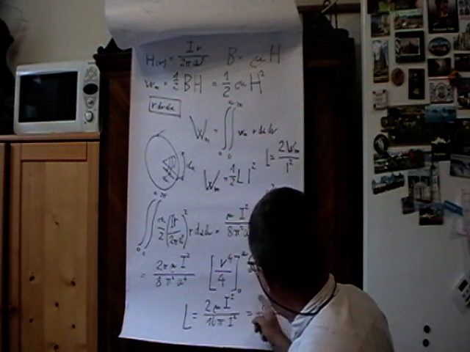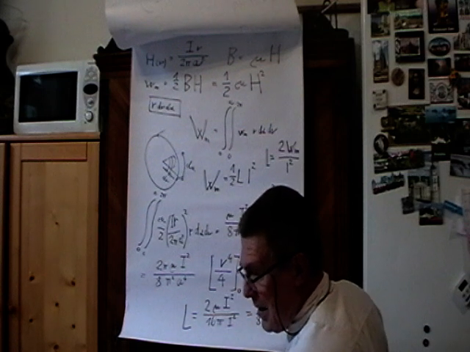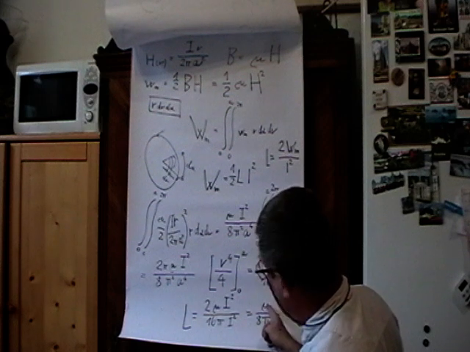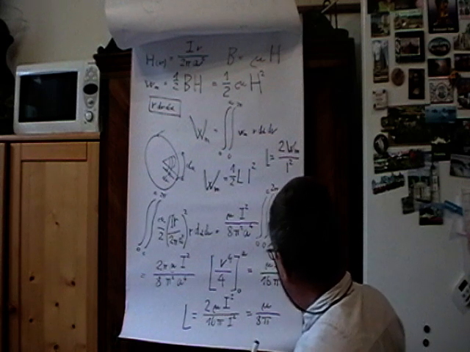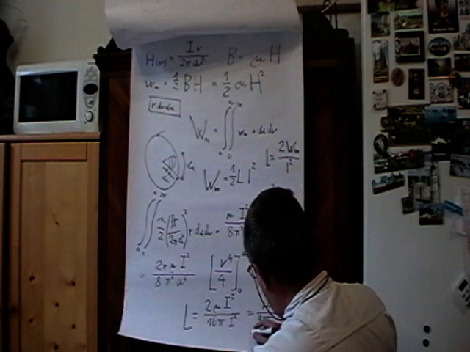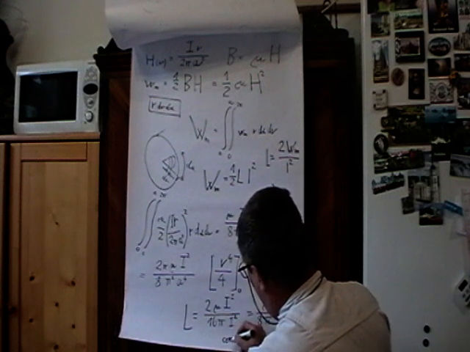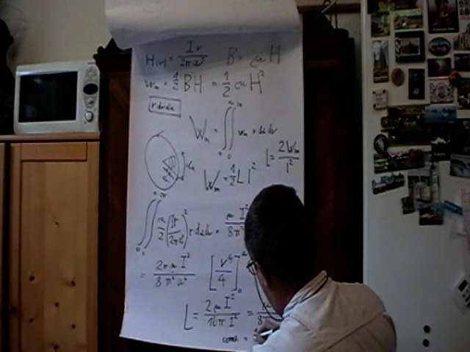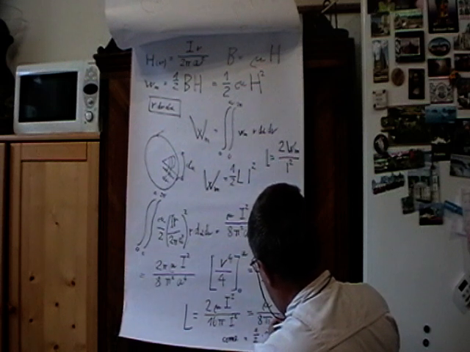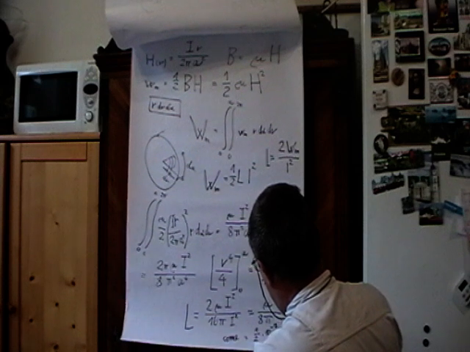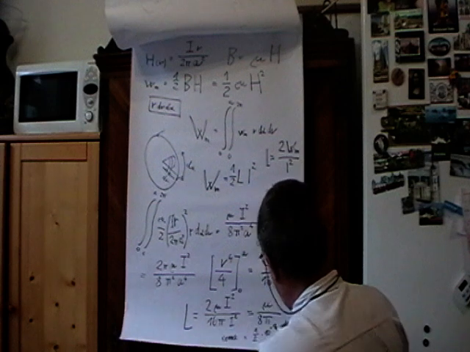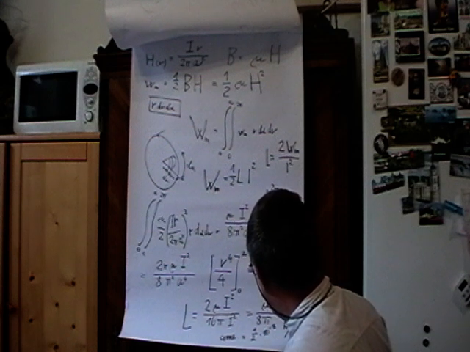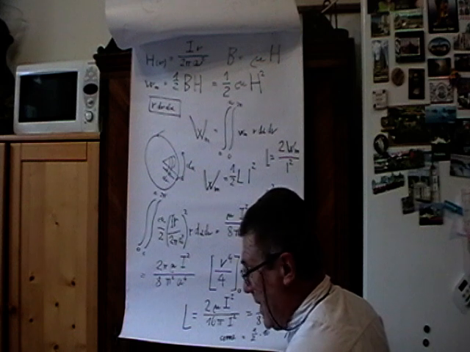And vacuum permeability is 4 pi times 10 raised to minus 7 Henry per meter, where we can cancel 4 pi against 8 pi, and we would get 1/2 multiplied by 10 raised to minus 7 power Henry per meter.